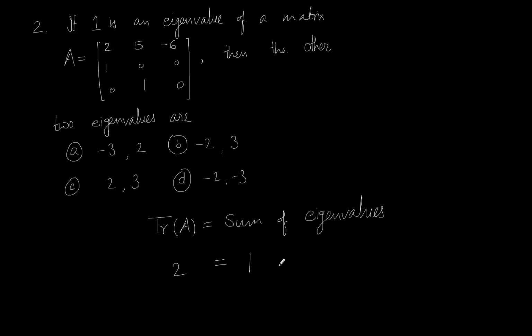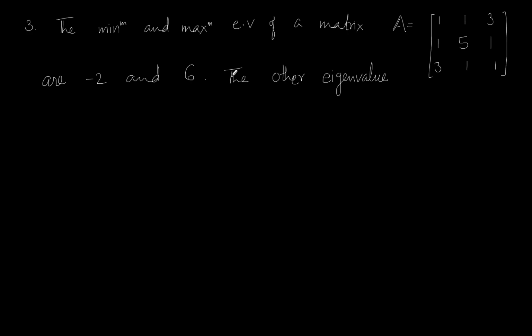That means we have to find the pair whose sum comes out to be 1. So minus 3 plus 2 will be minus 1; 1 minus 1 will be 0. No. Second one, 3 minus 2 will be 1. That means this pair, minus 2 and 3, will serve the purpose. That means this is the correct option.